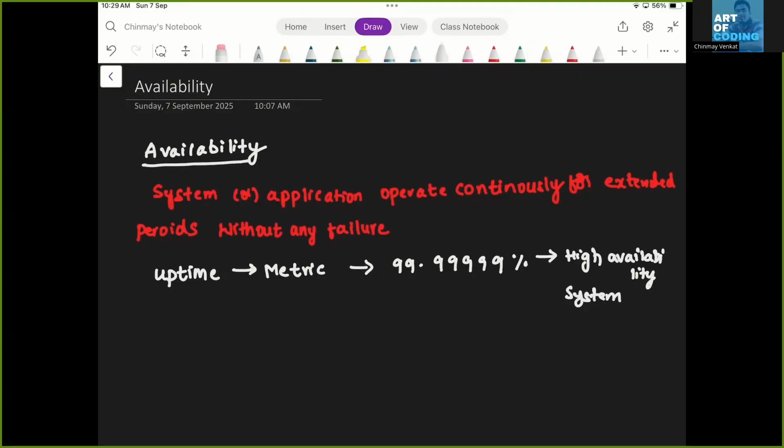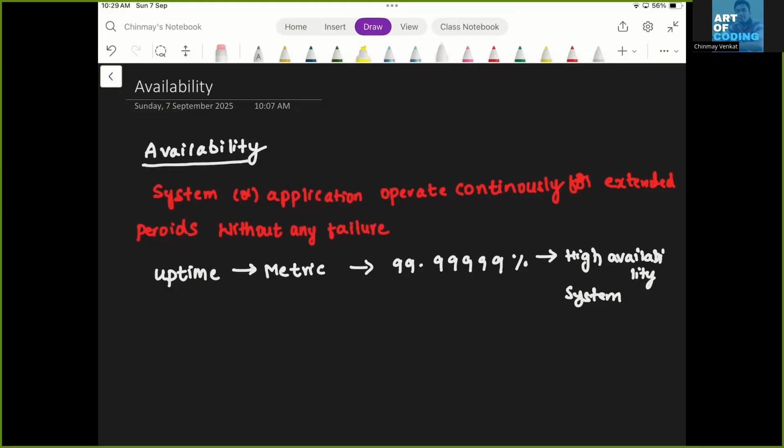In simple words, availability means if any request is fired by the customer, it should give the response without any kind of server failures. It is known as availability. The availability metric is measured as the uptime metric. If the uptime metric has a value of 99.9999%, that system or application will be considered a high availability system.